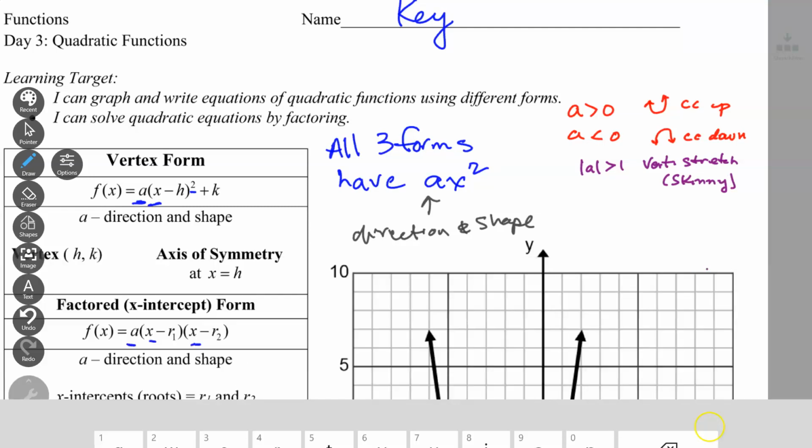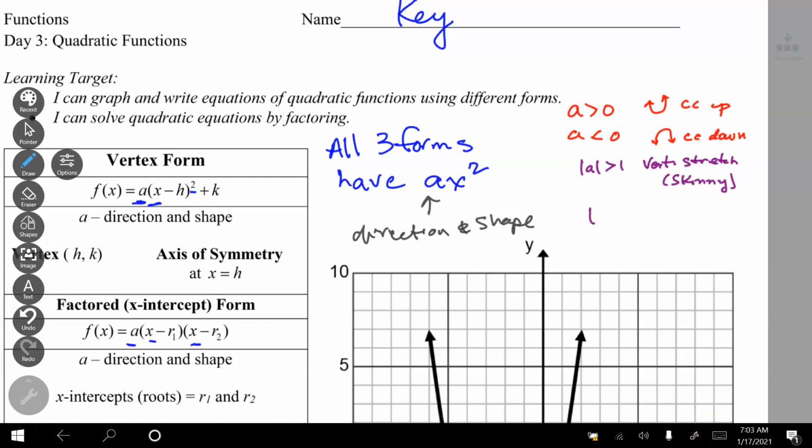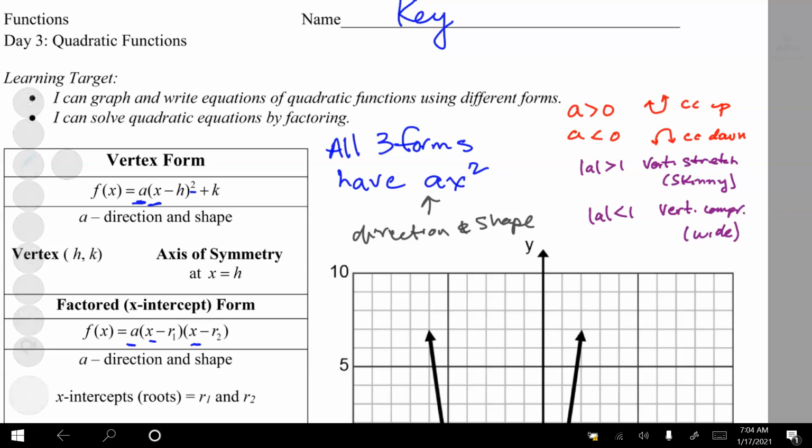And when the absolute value of a is less than 1, like a fraction or a decimal, it's going to be a vertical compression. That means it's going to get very wide. So if you have a number for a like 5, it's going to stretch that parabola vertically by 5.